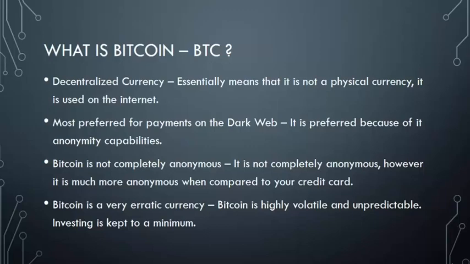So let's go on to the final part here, which is that Bitcoin is a very erratic currency. Let me explain what this means. Bitcoin is highly volatile and unpredictable in the sense that it does not store value in a very predictable fashion. Now you might be asking yourself, has Bitcoin's value always risen?